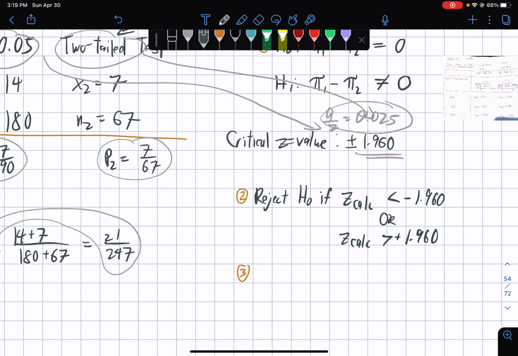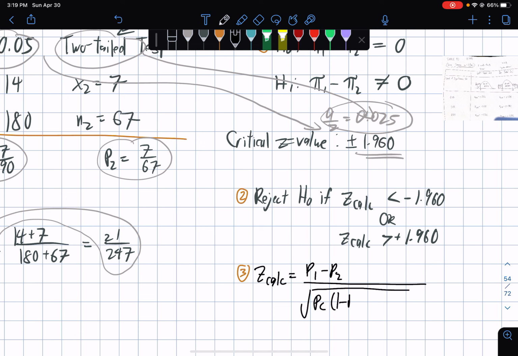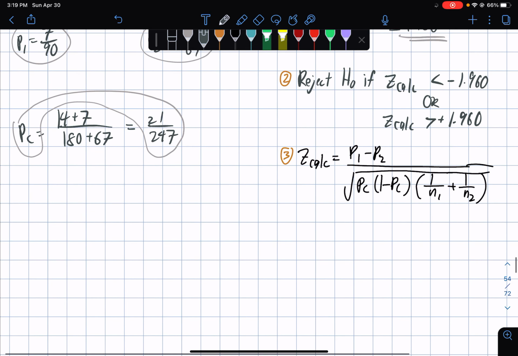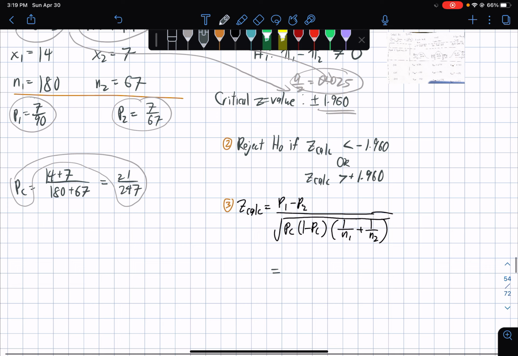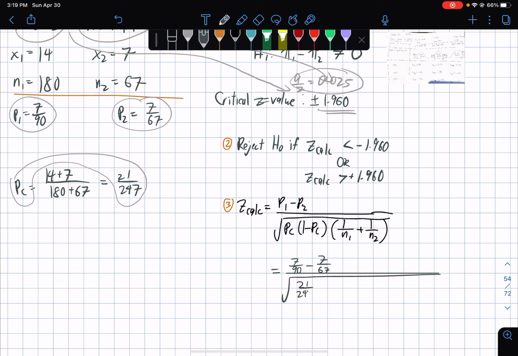Step 3, Z-calc is equal to P1 minus P2 over the square root of PC times the quantity 1 minus PC times the quantity 1 over N1 plus 1 over N2. P1 minus P2, this is 7 over 90 minus 7 over 67. PC is 21 over 247.